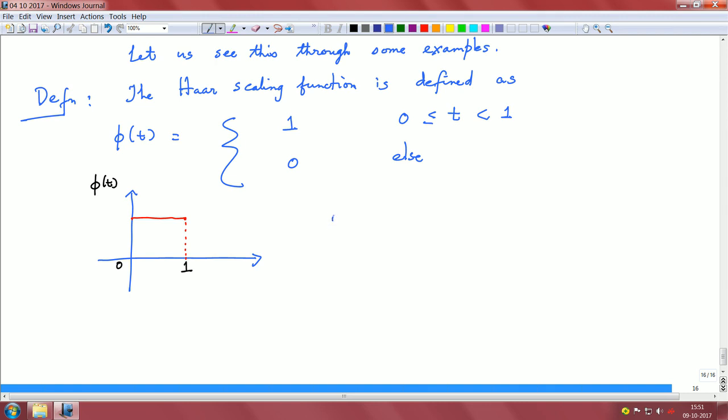Now, this function has finite, or I would say compact support, and you can realize translates of this function by time translating phi of t through integral time steps, right. And this is very important.